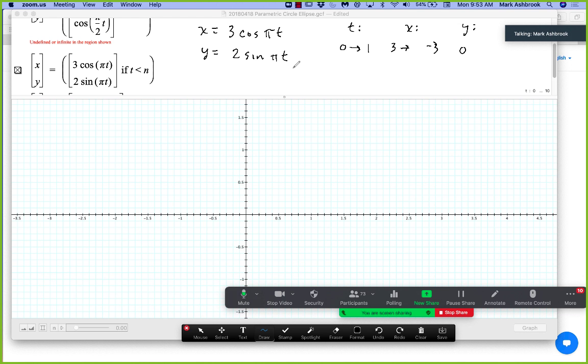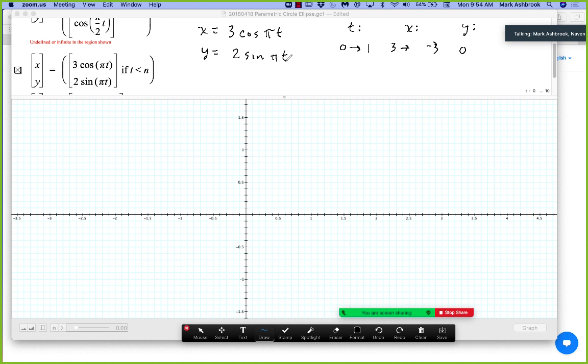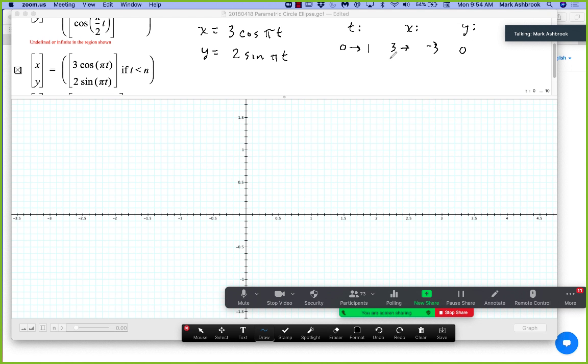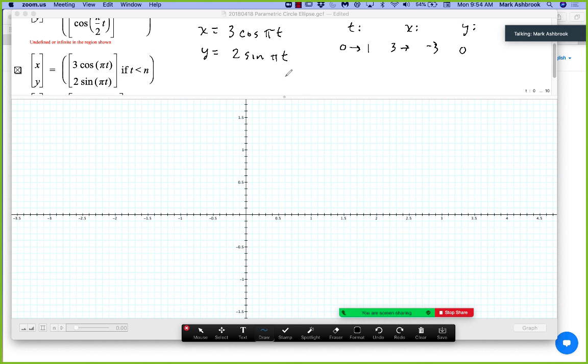When t is 1, we get sine of pi, which is also 0. So y is a better example of how we're taking too large a range of t, because y just shows us it goes from 0 to 0, right, as t goes from 0 to 1. Sine of 0 is 0, sine of pi is 0.